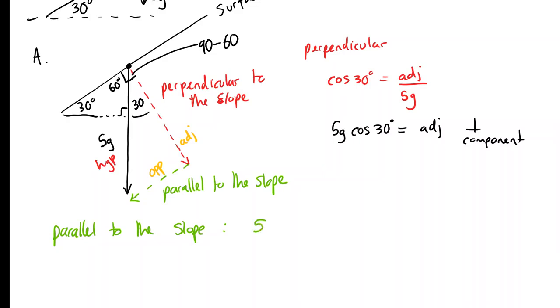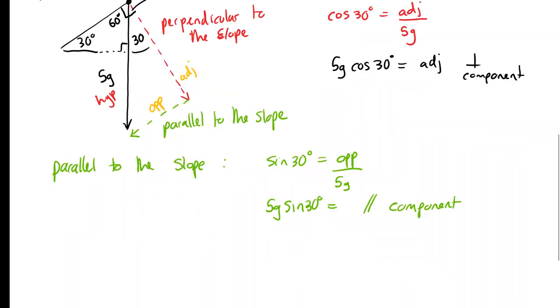Sine 30 degrees is equal to the opposite, so that is OP over 5g. 5g sine 30 degrees is the opposite, which is the parallel component. So we've got the two answers to part A.